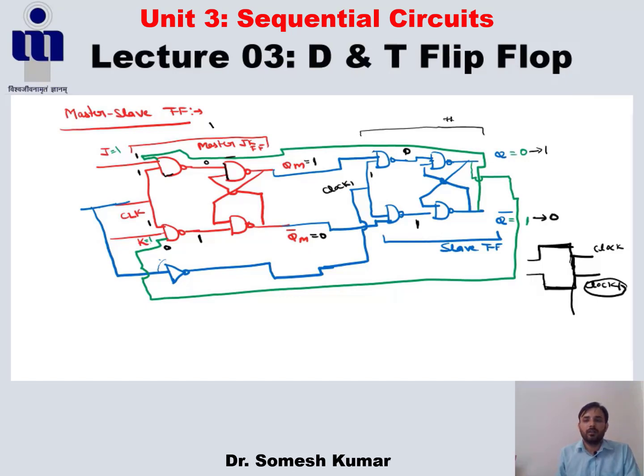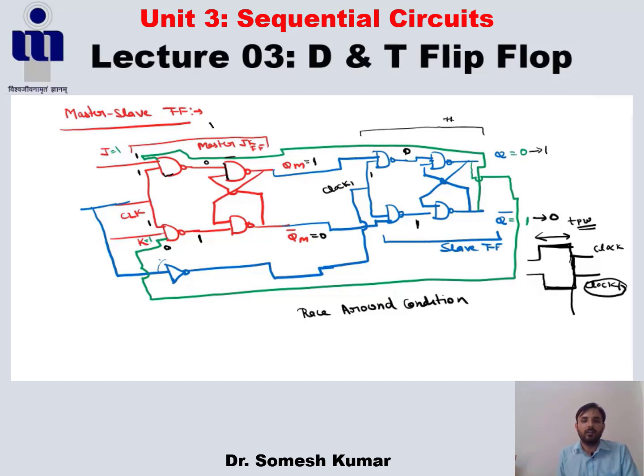Now the total time period of this master slave flip-flop is greater than the TPW, and that is why the race around condition can be removed here, and the output is predictable in the master slave flip-flop. So this is the working of the master slave flip-flop and how the race around condition is removed.